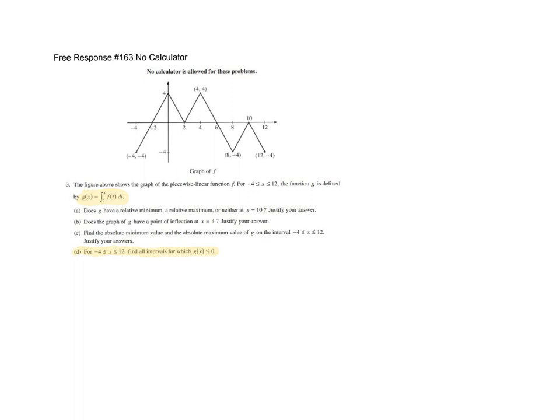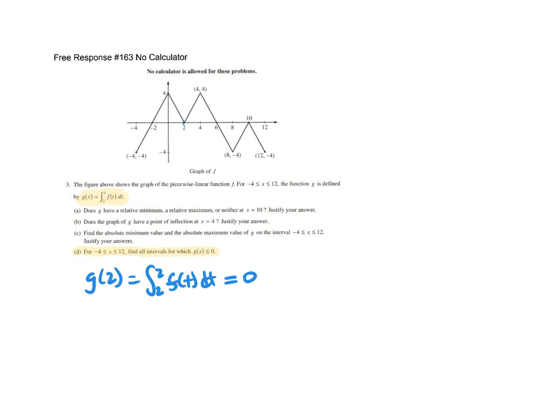So I'm going to start by noting that g of 2 is the definite integral from 2 to 2 of f of t dt. That's 0. All right. Okay, so I already have a point where I am equal to 0. So 2 is going to be in part of my answer here.